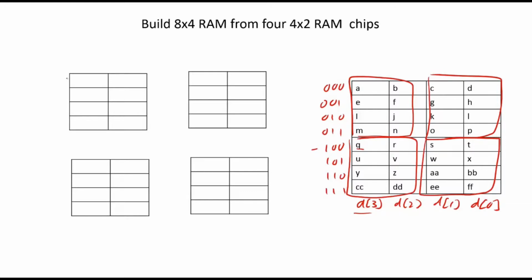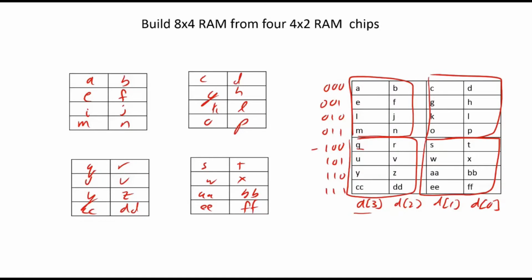So I could have A, B, E, F, I, J, M, N into this block, and so on for the other letters. So I can chop all of this up into these different locations.